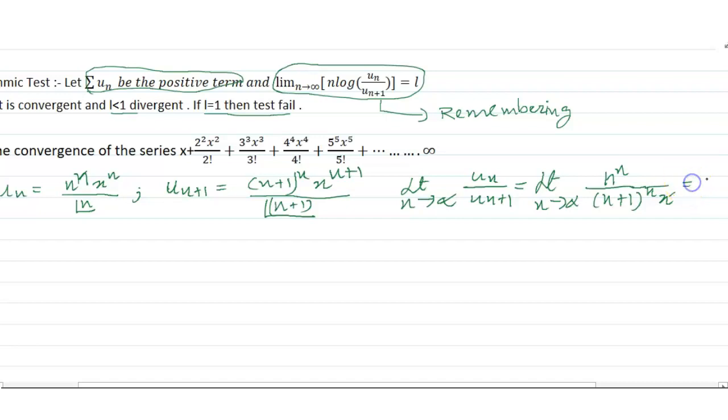So it can be written as 1 by ex. Very simple way, friends. You can see that it is 1 by ex.